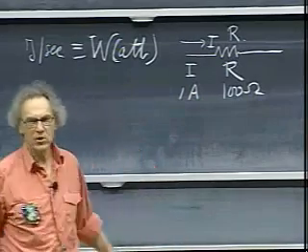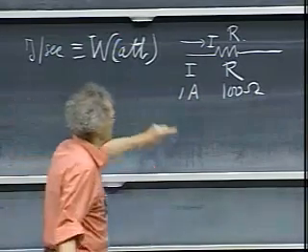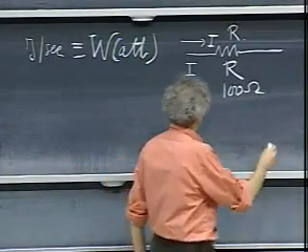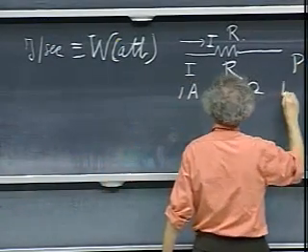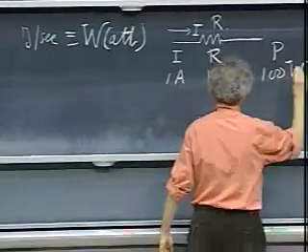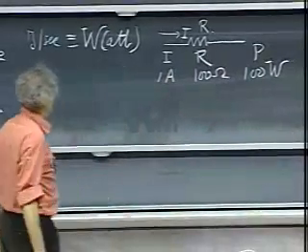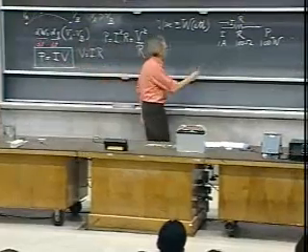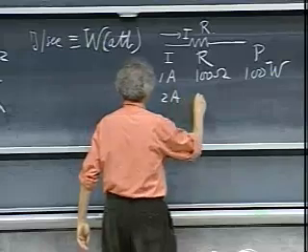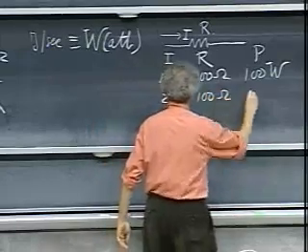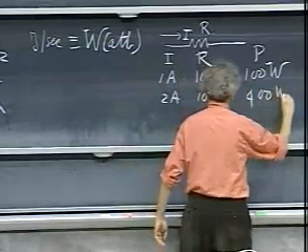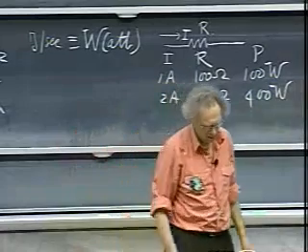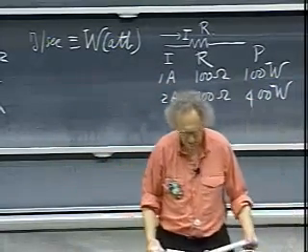Then the power which is dissipated in this resistor has to be provided by your battery. That power P is now 100 watts. I square R, if you want to use this. If it is 2 amperes, and you don't change the resistance, then it becomes 400 watts. Because it's I square R. I doubles, the power comes 4 times higher.